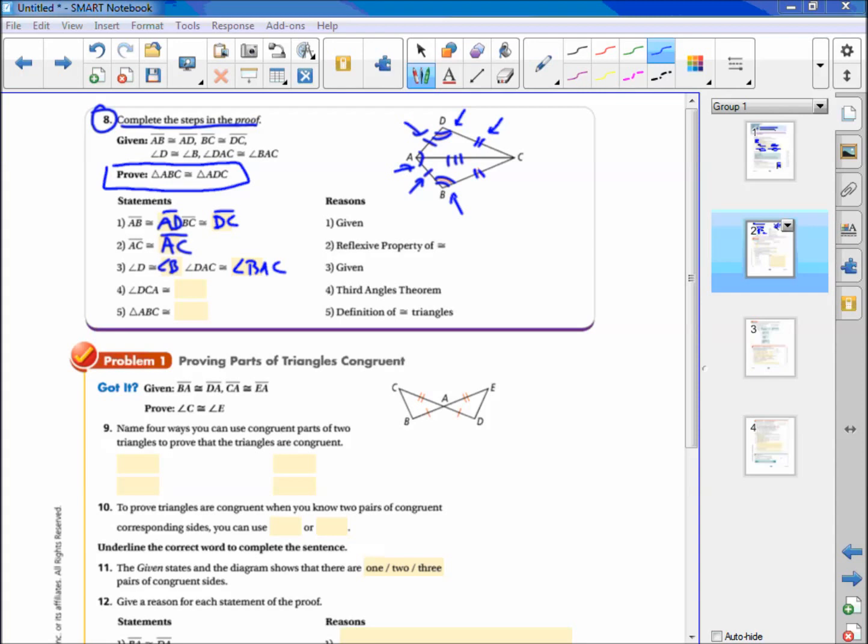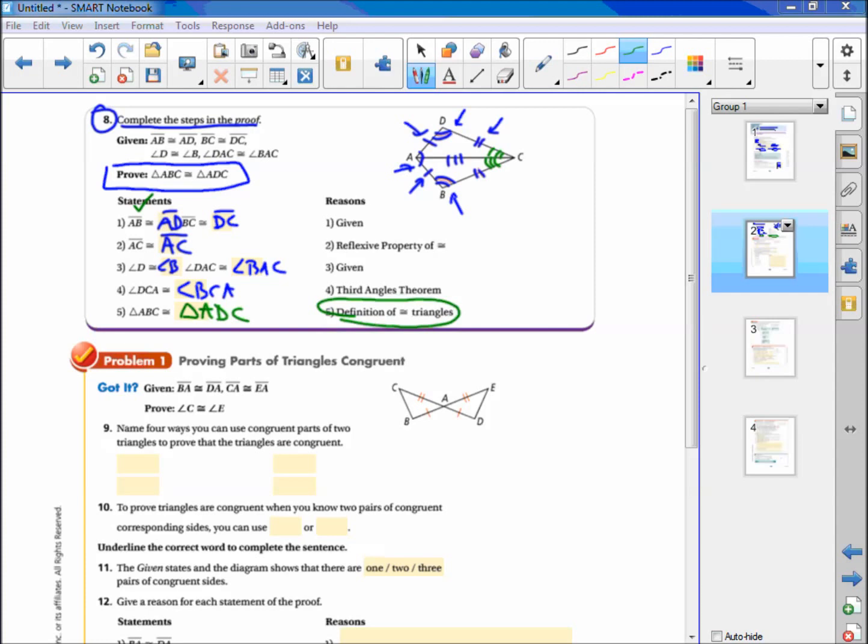Then we can say angle DCA is congruent to angle BCA, and that's by the third angle theorem. Remember, if two angles are the same, then the third angle is also the same. So this one and this one are the same. And then we can say triangle ABC is congruent to triangle ADC, by the definition of congruent triangles. If all of the parts are the same, then we can use the definition of congruent triangles.